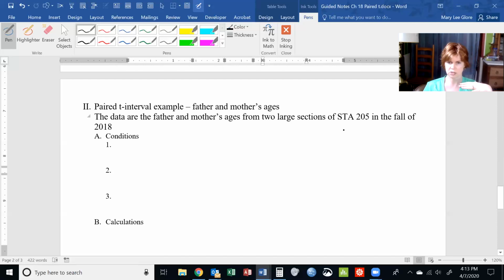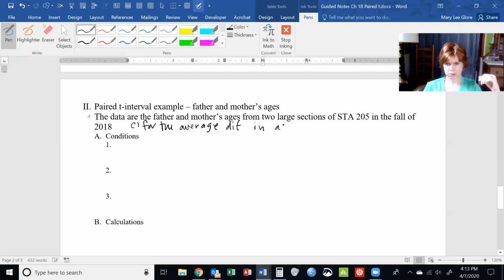We're going to see if fathers are older than mothers or not. We're not just going to see if they're older, but we're going to say what is the average difference? That's what the confidence interval is going to tell me. So I'm going to do a confidence interval for the average difference in age of fathers and mothers.